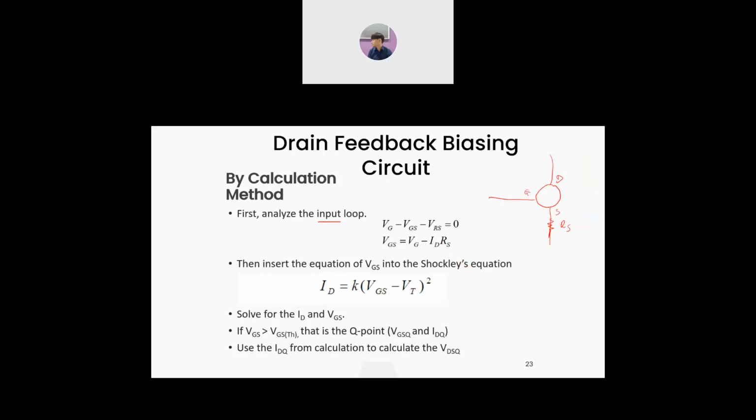Okay, so continue. First analyze the input loop. The input loop is your VG minus VGS and minus IDRS. Don't worry about the positivity, you just do it according to the loop direction. Just now I also made a mistake, so be careful. We do VG following the loop.